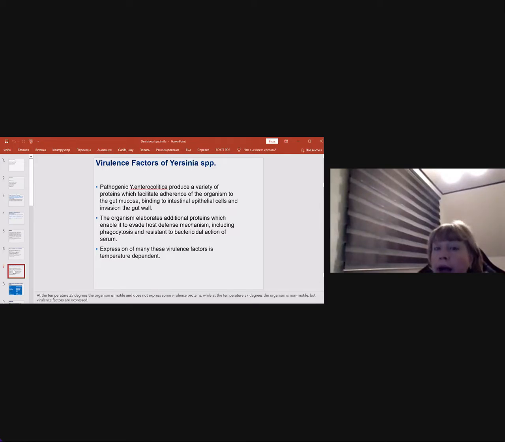The organism elaborates additional proteins which enable it to evade host defense mechanisms, including phagocytosis and resistance to the bactericidal action of serum.